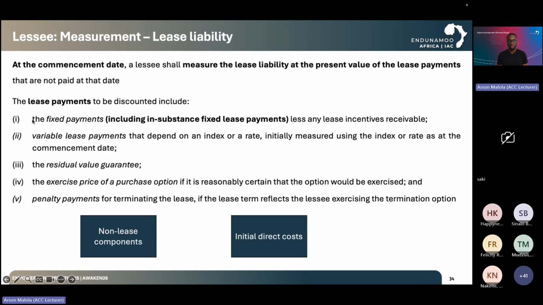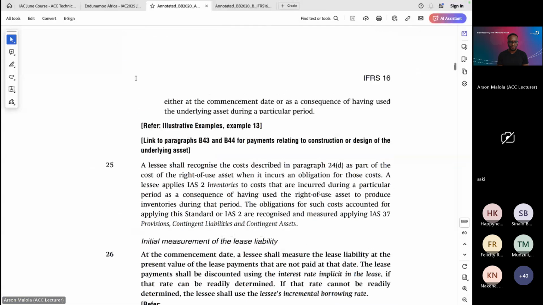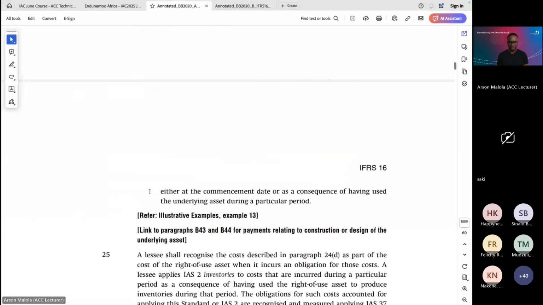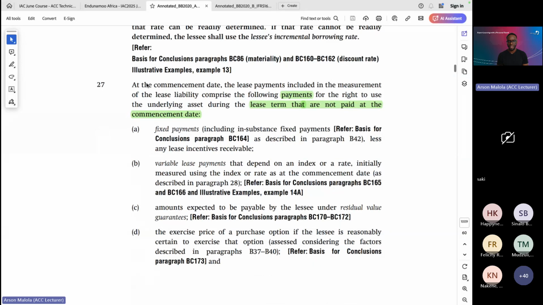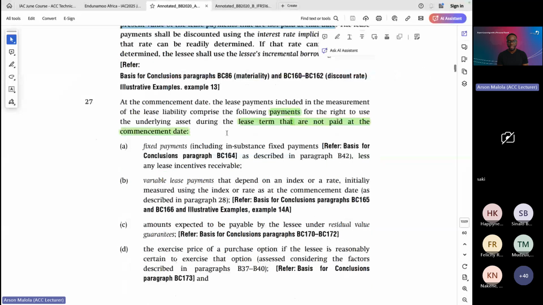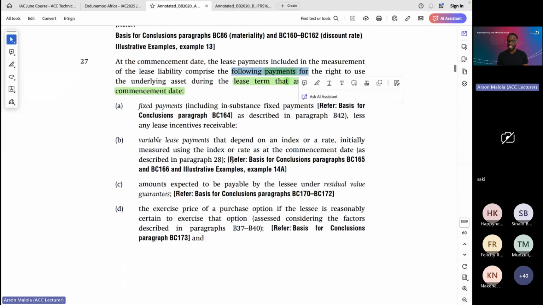If you go into your book, I'll even show you from the book, where it talks about the initial measurement of a lease liability. It says it's the present value, etc. Then it says these are lease payments as defined, so your cash flows.